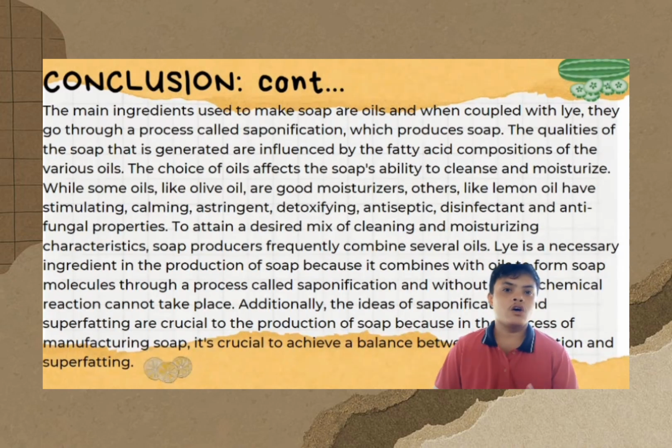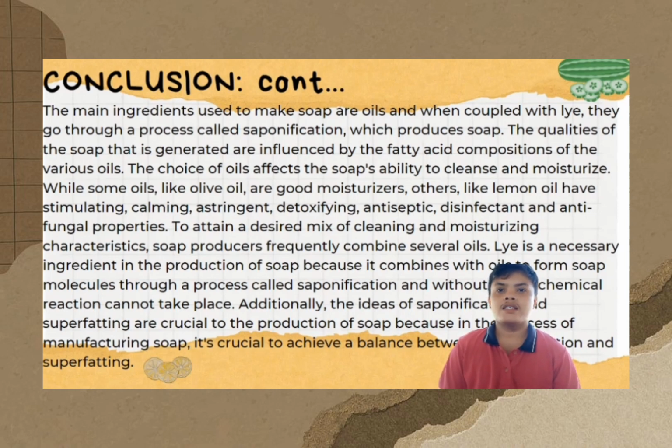Different oils have different fatty acids and characteristics, like what I said earlier, for example olive oil is a good moisturizer, and lemon oil has disinfectant and antifungal properties. So to attain a desired mix of cleaning and moisturizing characteristics, soap producers frequently combine several oils.